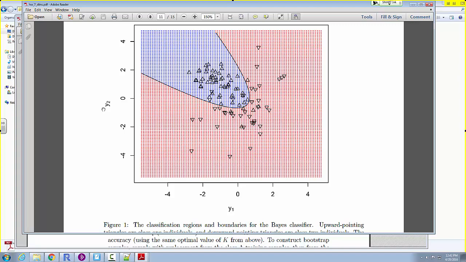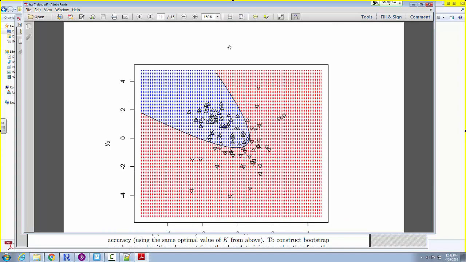For each individual, we have two numbers, y1 and y2, PSA and age. If y1 and y2 plot to the red region, we're going to predict healthy, and if they plot to the blue region, we're going to predict cancer. So that curve right there, how do you figure out the boundary? That's kind of interesting, I thought.